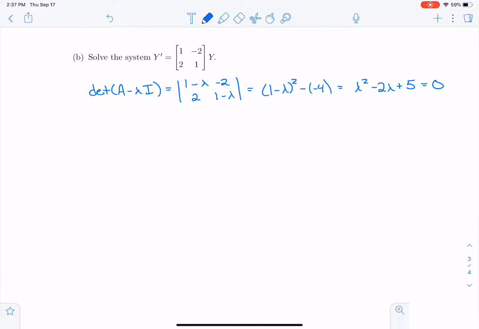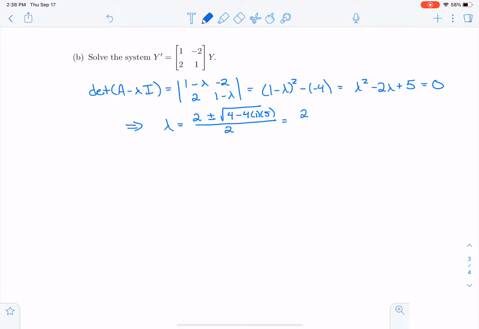Now you cannot factor that, so what we're going to do is use the quadratic formula to see that lambda in this case is equal to 2 plus or minus the square root of 2 squared, or 4, minus 4 times 1 times 5, and that's all going to be divided by 2.